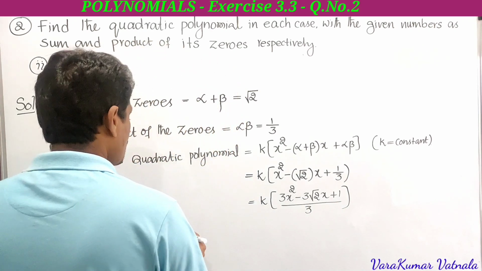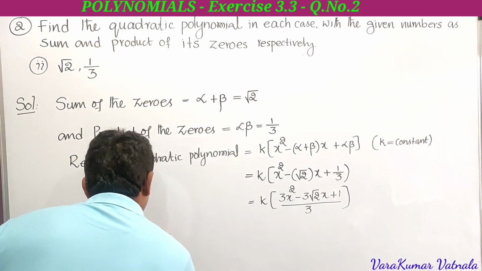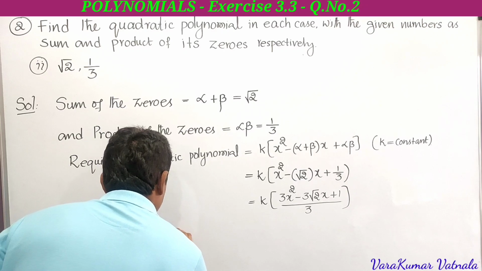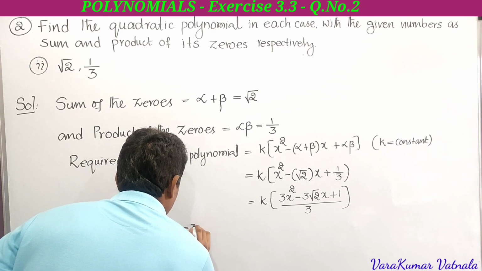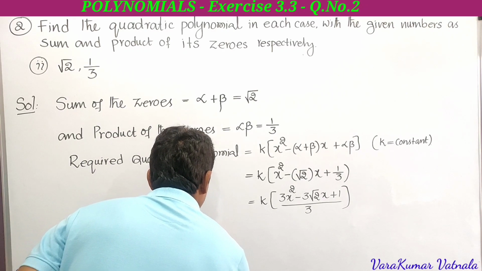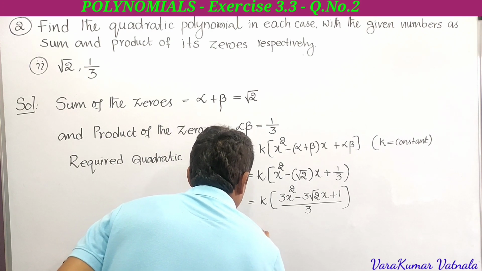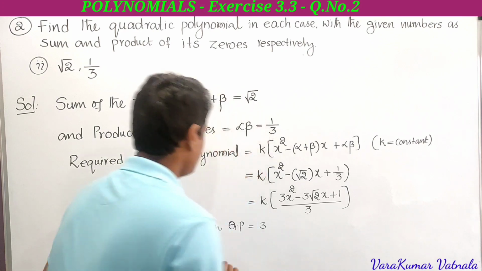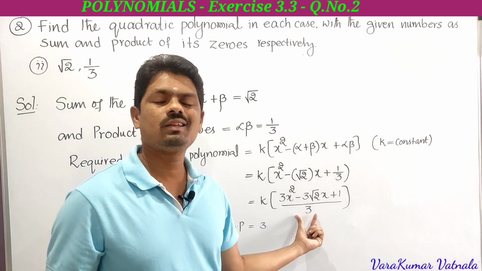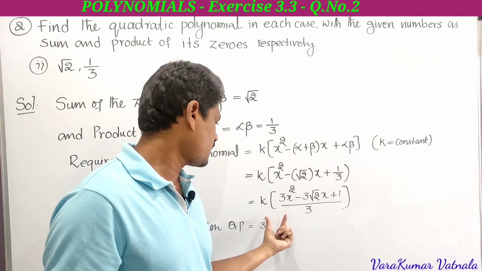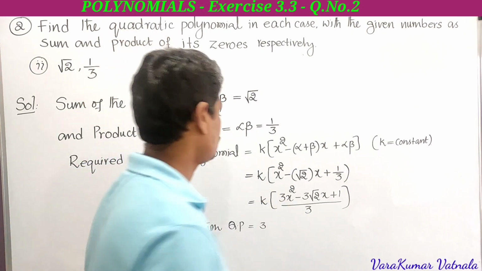So if k is equal to 3, then the required quadratic polynomial becomes, I am substituting k is equal to 3. Since the denominator here is 3, to cancel it I am substituting k is equal to 3.